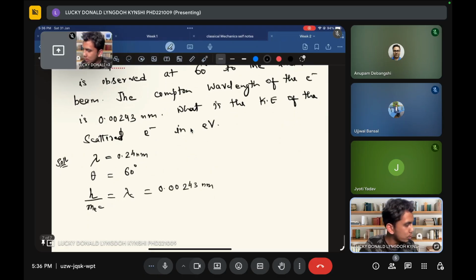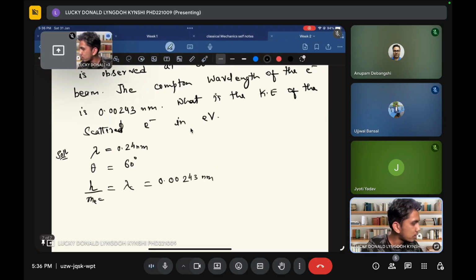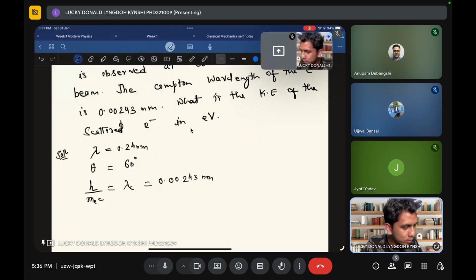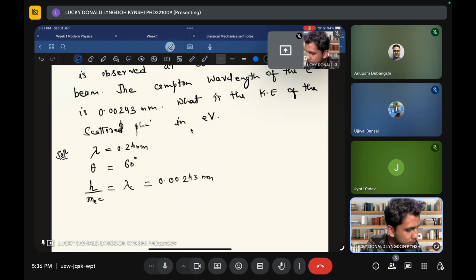Then what do you need to find out? Sorry, is it the scattered electron? I think it's not. I think this is the scattered photon, in eV, right?